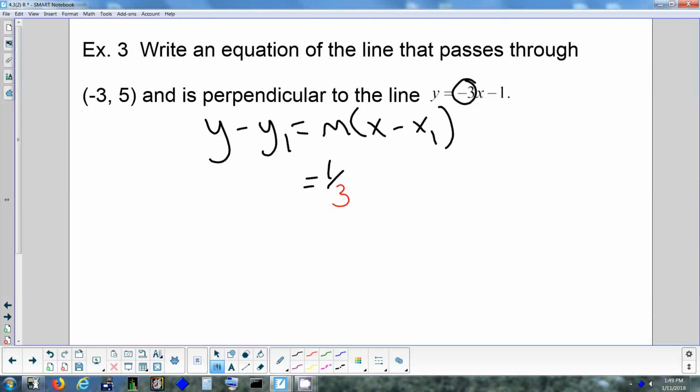All right, so on the left-hand side of the equal sign, tell me what goes there. Y minus 5. So now we already get the 1/3 x on the right-hand side. Tell me what goes in the parentheses.